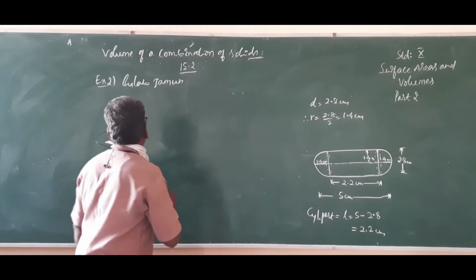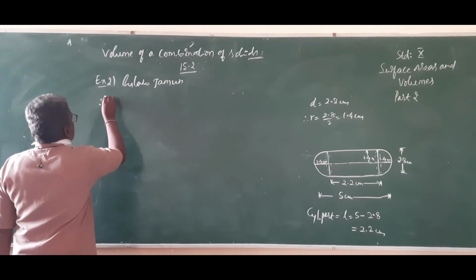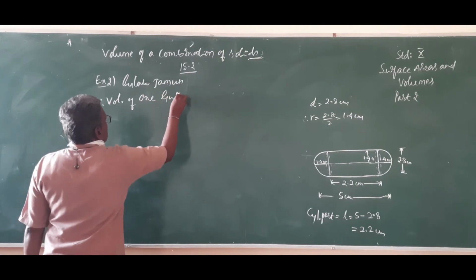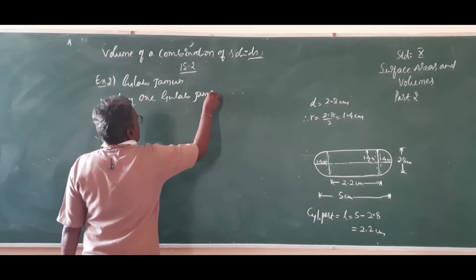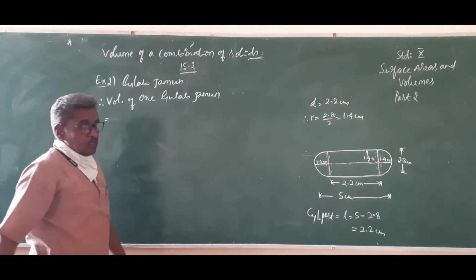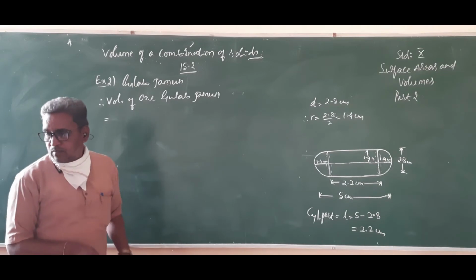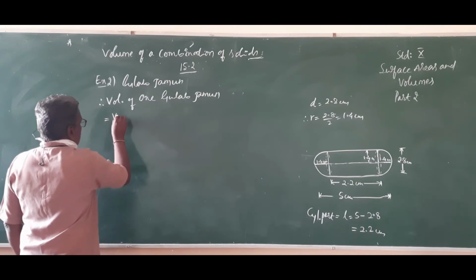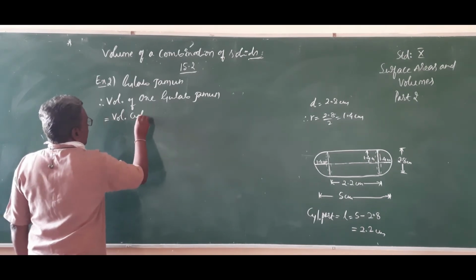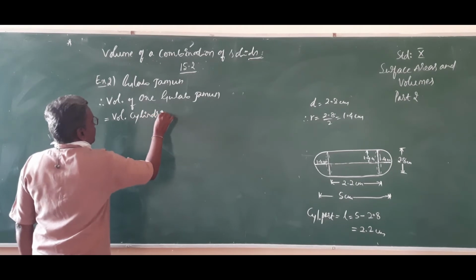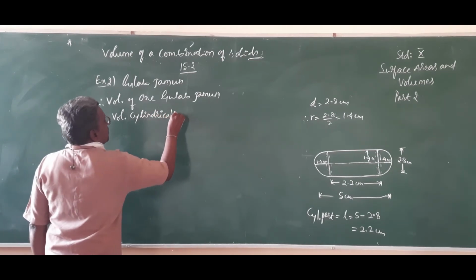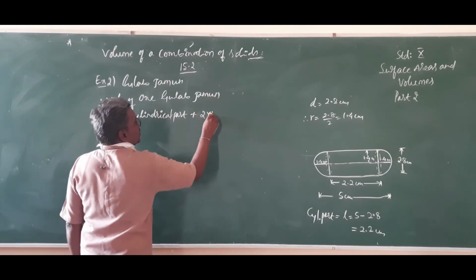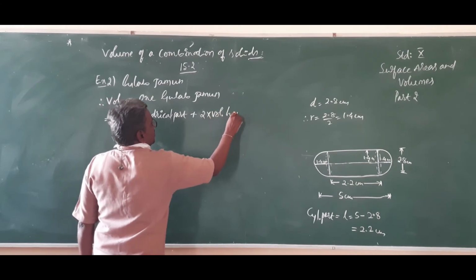Therefore, volume of one gulab jamun is equal to the volume of the cylindrical part plus, how many hemispheres are there? 2. So 2 into the volume of a hemisphere.